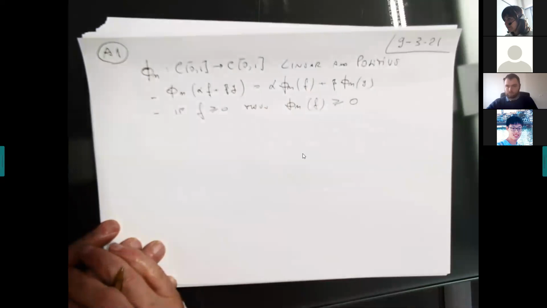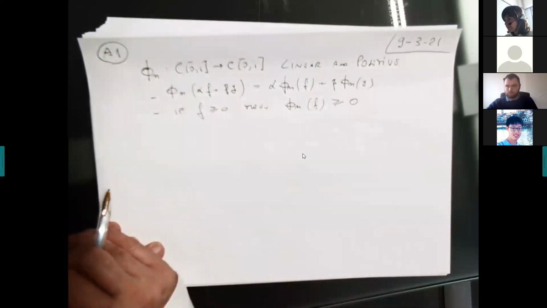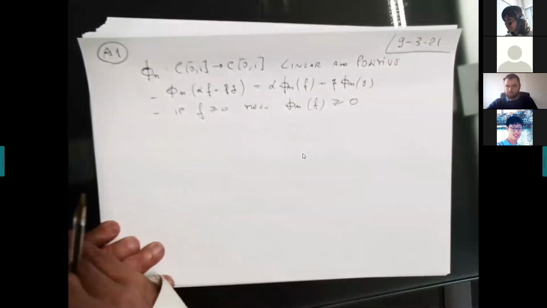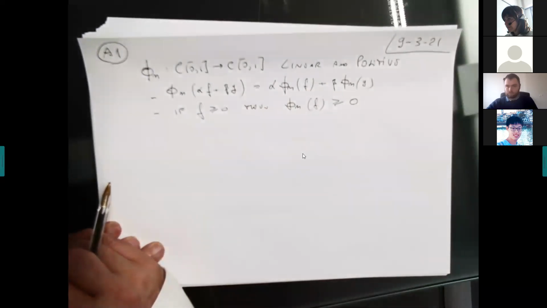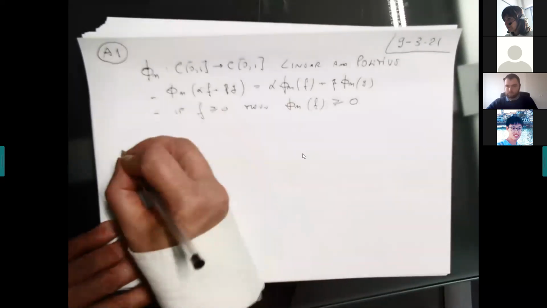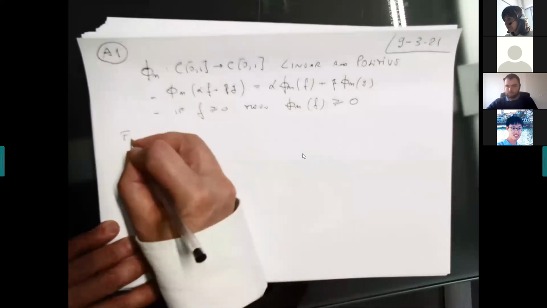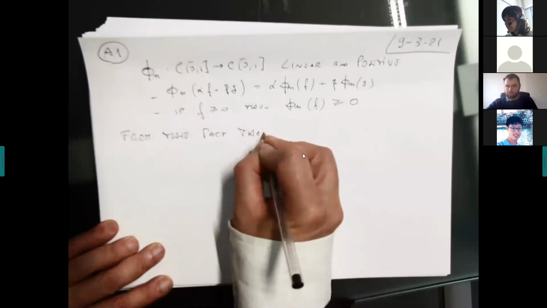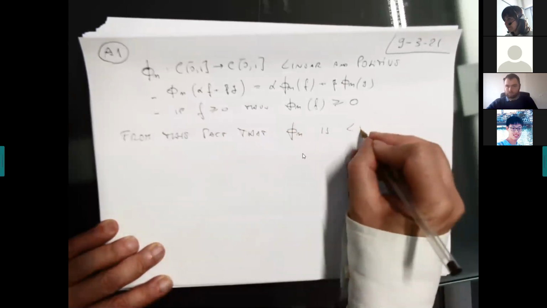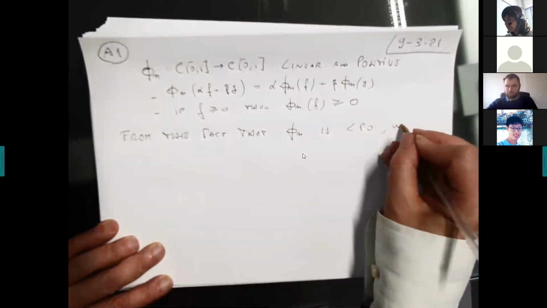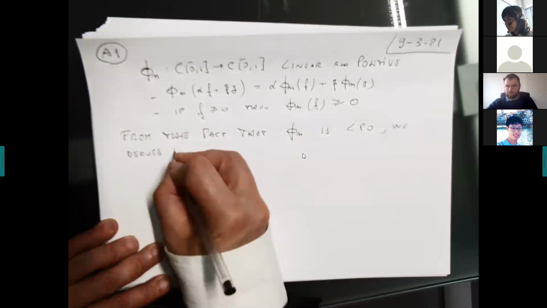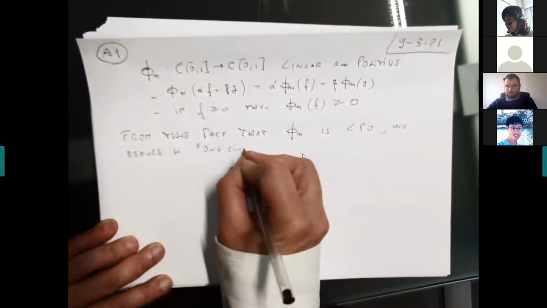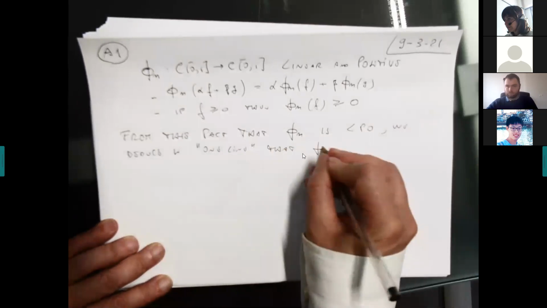We have seen operators of this kind, and in other kinds of spaces, not in C01; also the Toeplitz operators are linear and positive in the sense which is specific in the related vector space. So first of all, we observe that from the fact that phi n is an LPO, a linear positive operator, we deduce in one line that phi n is monotone.